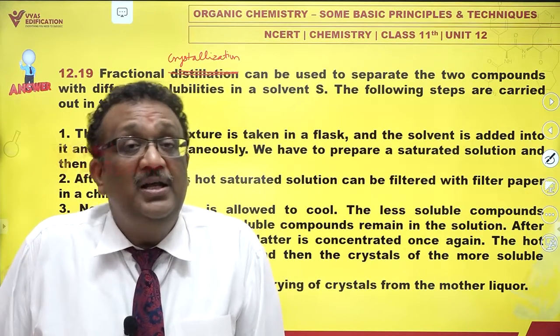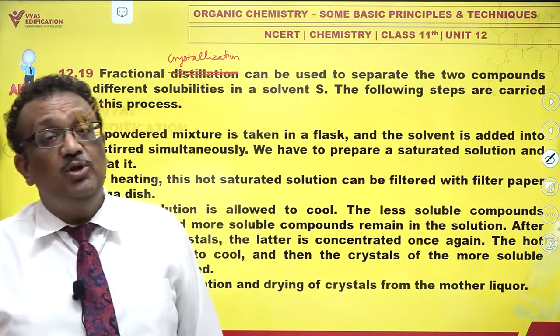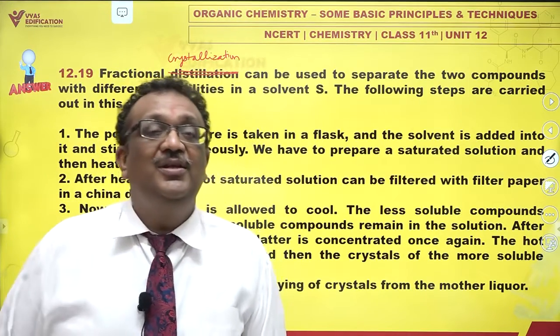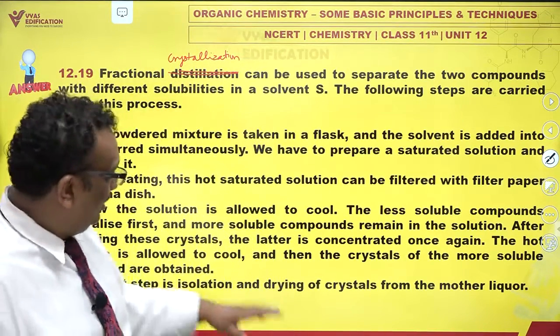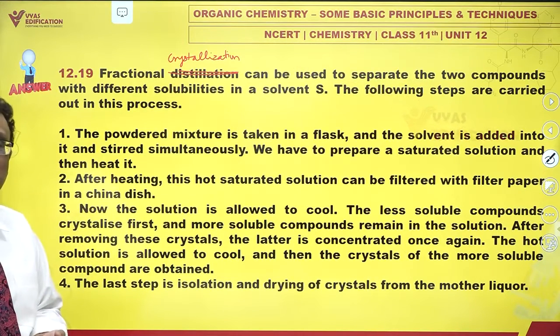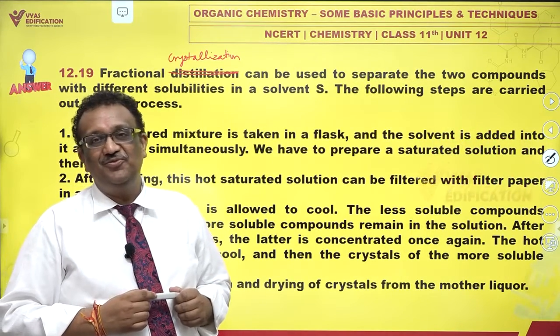But please don't forget, the last installment, the more soluble salt, when it crystallizes out, will definitely contain some traces of the less soluble salt. This is not clearly mentioned here, but that is always the case for fractional crystallization. This was fractional crystallization for you.